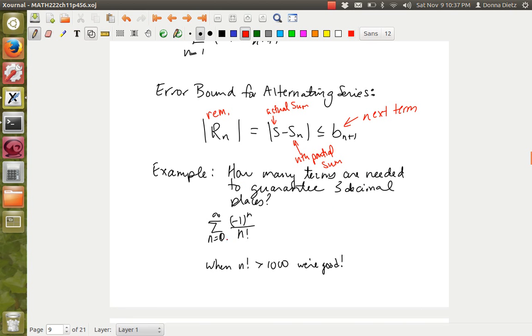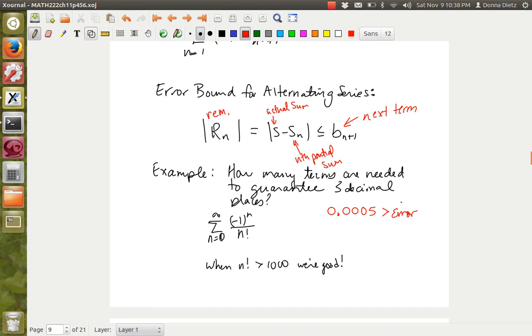This is a good example of a question that I could ask you that doesn't require a computer, because you could just figure this out. It depends what you mean by 3 decimal places. If you want exactly 3 decimal places, then the next term, the error, should be less than something like 1/1,000.